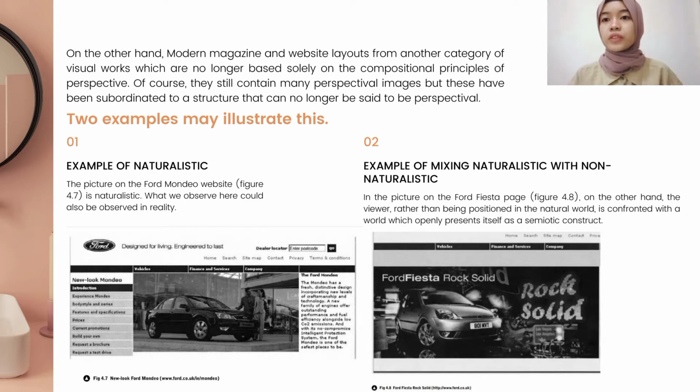Take a look at the picture of 4.7, the figure in the Ford Mondeo website. It is called naturalistic. What we observe here could also be observed in reality. There could be a car positioned in that way in front of this particular couple and this particular building.